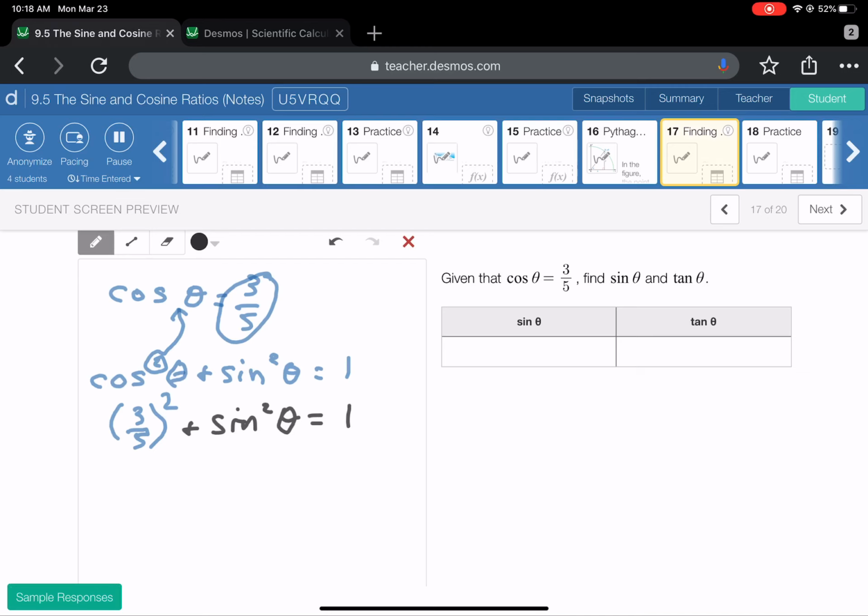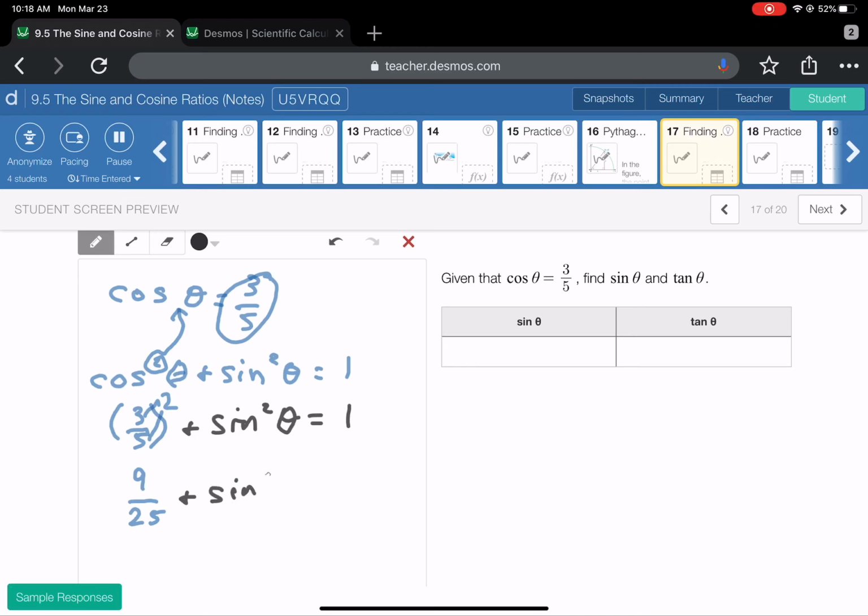Then we're going to square 3 over 5. 3 squared is 9, 5 squared is 25, so we have 9 over 25.